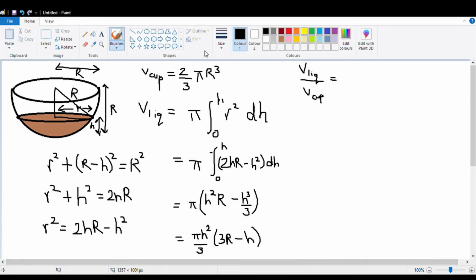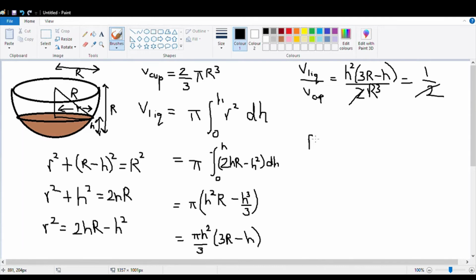Pi by 3 we can ignore. So it would be 2R cubed at the bottom. At the top it would be h squared into 3R minus h. And this we want to be half. Well, that's the goal, to fill half the cup. So this 2 and this 2 cancel out.